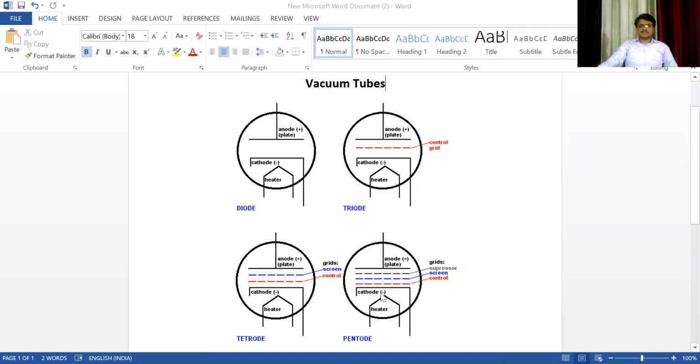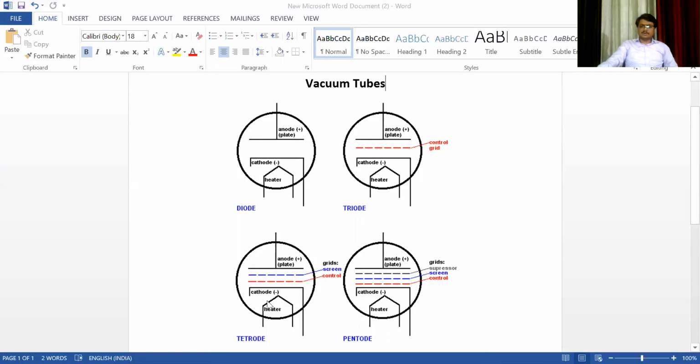What is the difference? In all these figures, two things are common: one is the anode, and another is the cathode. The cathode comes along with the heater, and this is the electron emitter.